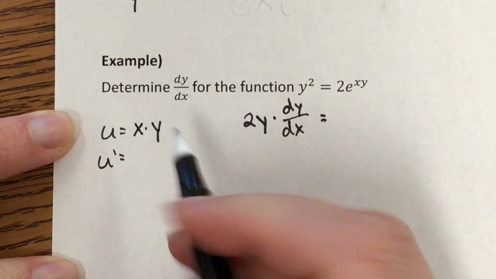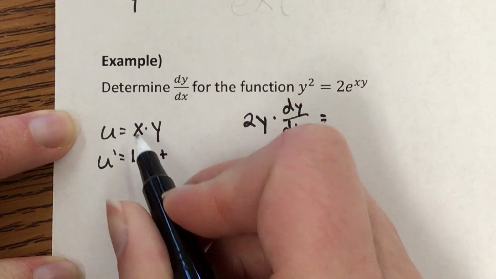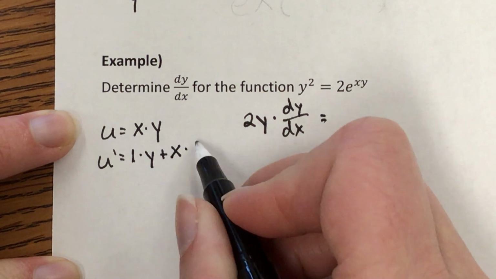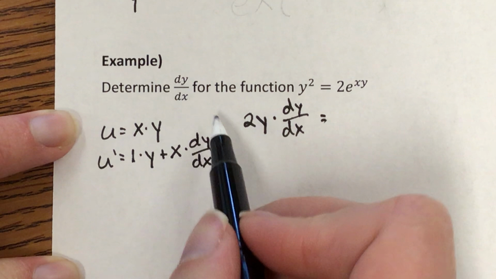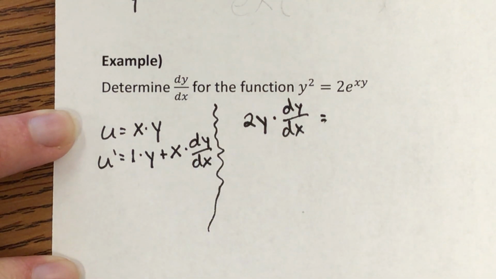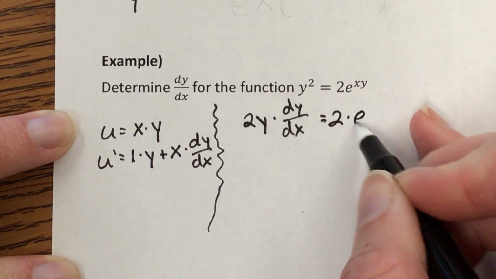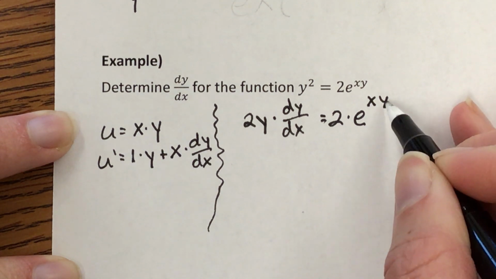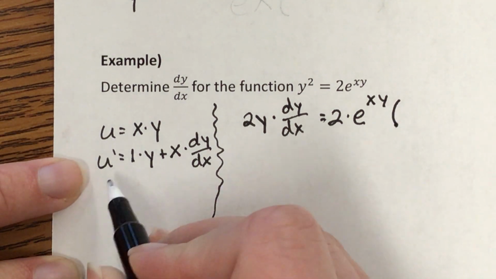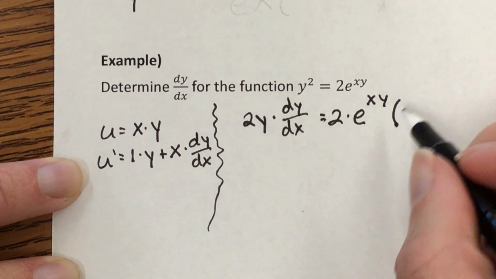Okay, derivative of x is just 1, keep the y, plus keep the x, take the derivative of y, which is dy dx. That was our side work. Alrighty, over here, 2 times e to the, keep the xy, right, e to the u, times u prime. U prime is y plus x dy dx.